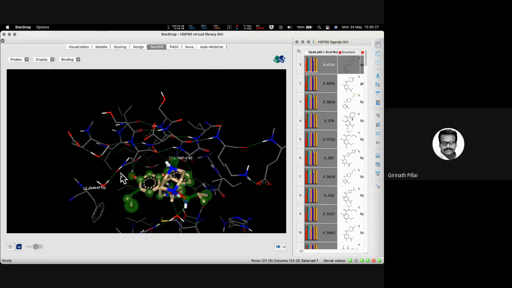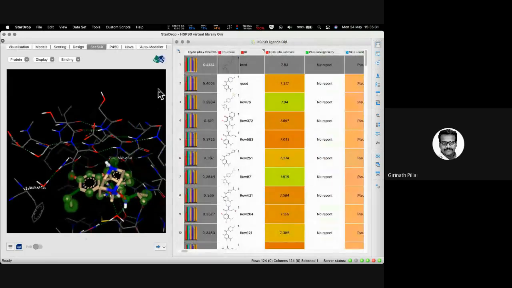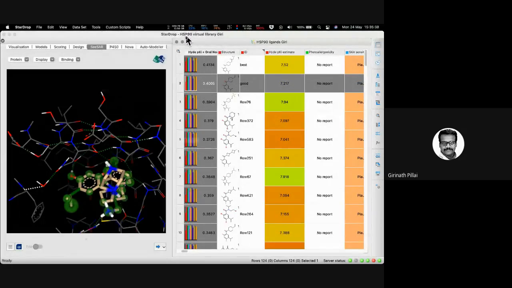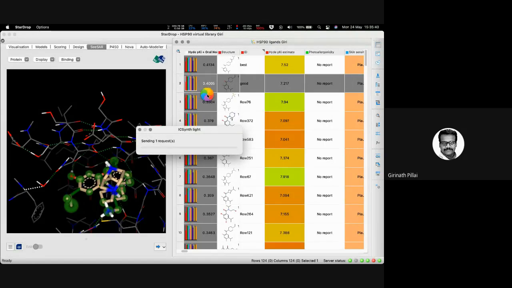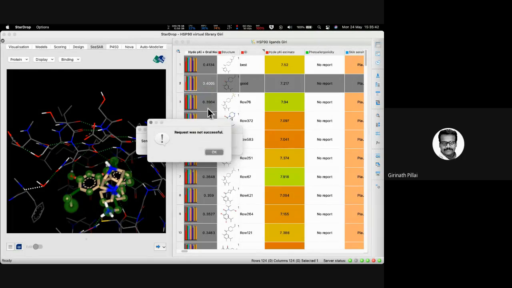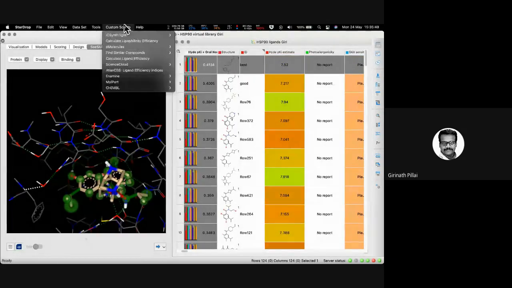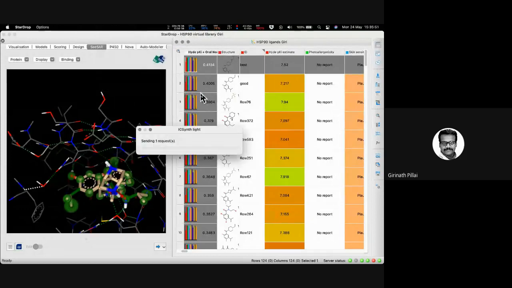Now, regarding the synthesis, let me show you an example. If I make some modifications, then as I told you, I can use the retrosynthetic pathway analyzer. It will be able to predict the pathway actually. Let me try again.